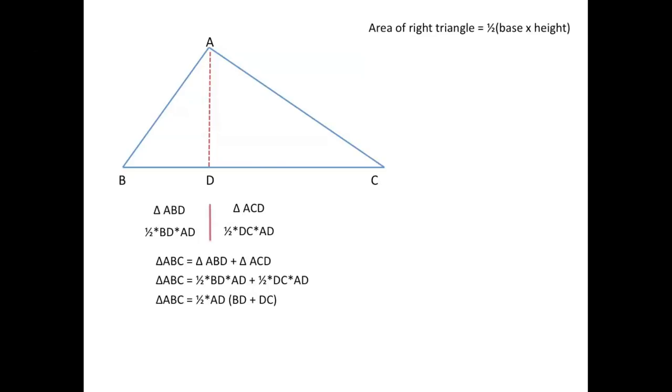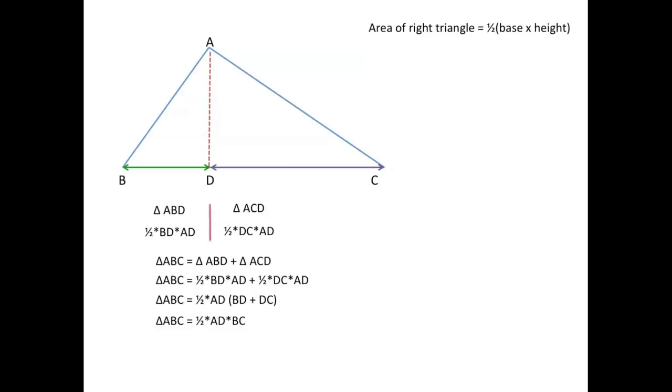So by factoring out the half and AD, we end up with half times AD times BD plus DC. And if you look at the diagram, we see that BD is this line and DC is this line. So those together combined will form the line BC. So we can replace BD plus DC with BC. So we end up with half times AD times BC.